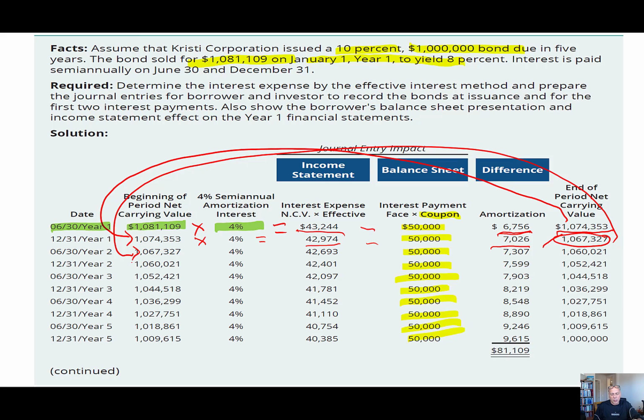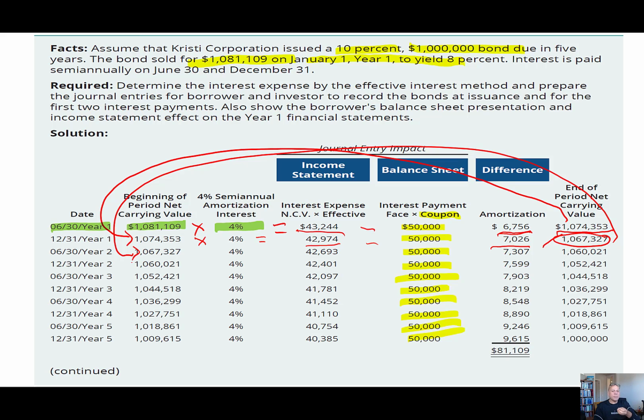The only difference between this and straight line is now we're using the mathematics of finance to systematically amortize that premium, unlike the straight line, which just said, it doesn't matter that we're getting closer to the maturity date, we're going to amortize it the same every single period.